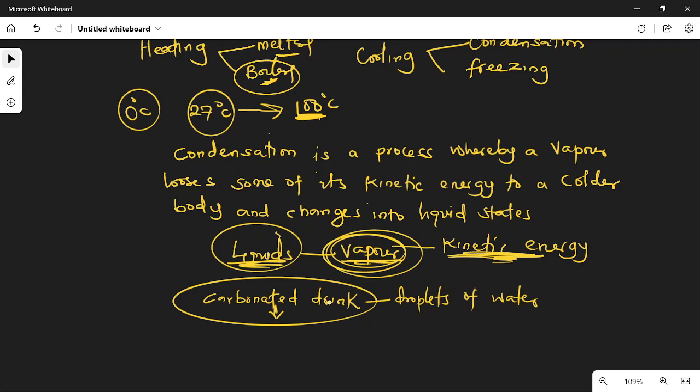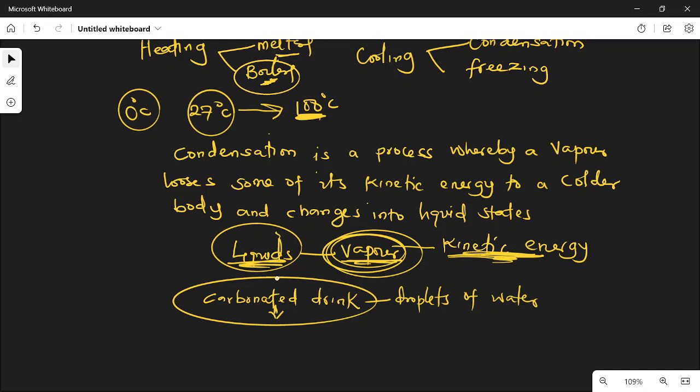So your carbonated drink is feeling that there is water vapor in the atmosphere that has more temperature, and that's the reason why they broke away. They turned to vapor by possessing kinetic energy because of an increase in temperature.